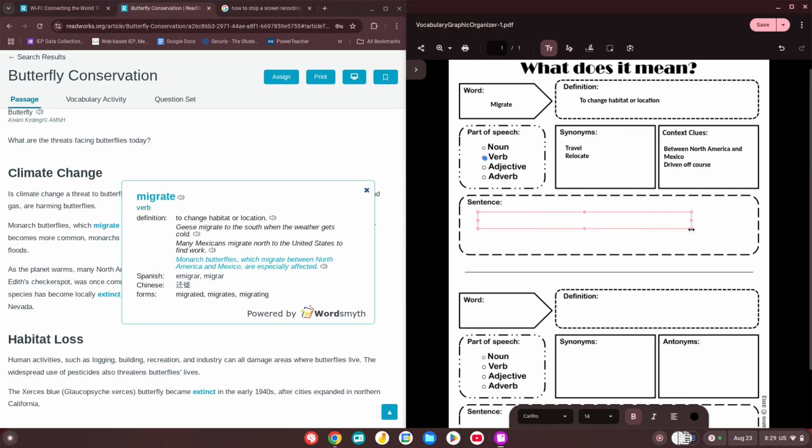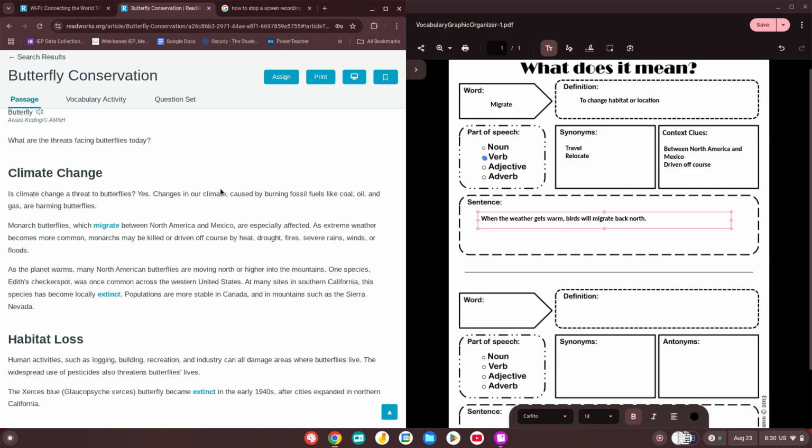Please be more creative than me. When the weather gets warm, birds will migrate back north. That is what we're going to work on for right now.